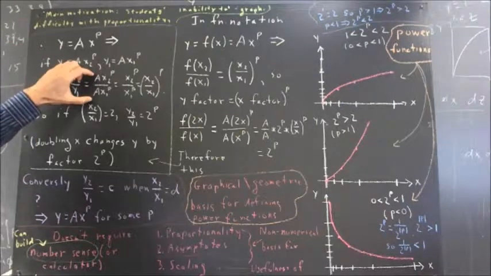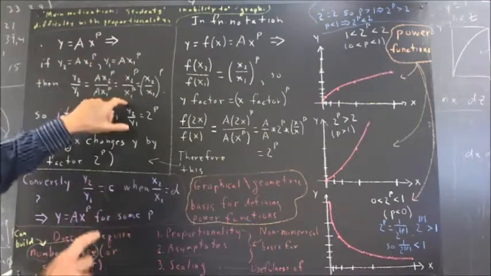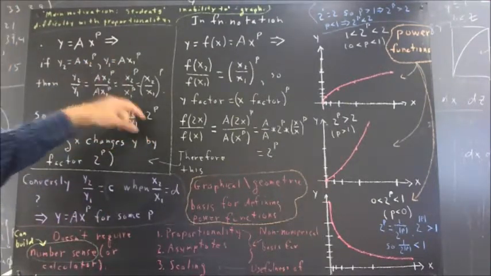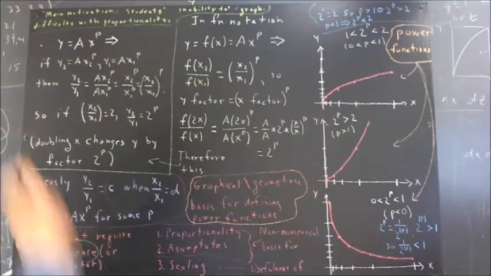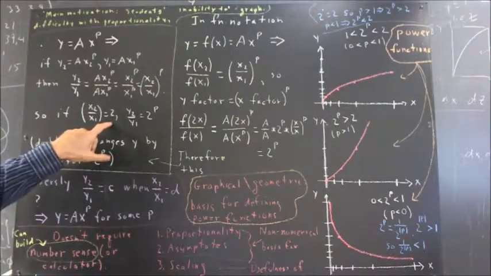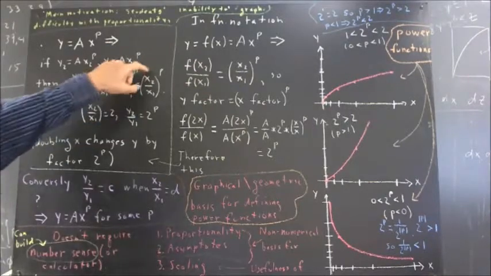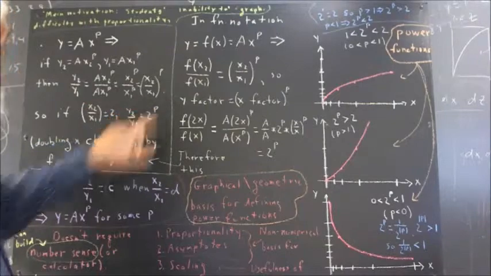Well, then the a's divide out. A divided by a is 1. 1 times this is just this. And we have x2 to the p over x1 to the p, which is just x2 over x1, quantity raised to the p power. So that if x2 over x1 happens to equal 2, then y2 over y1, being equal to x2 over x1 to the p, is equal to 2 to the p.